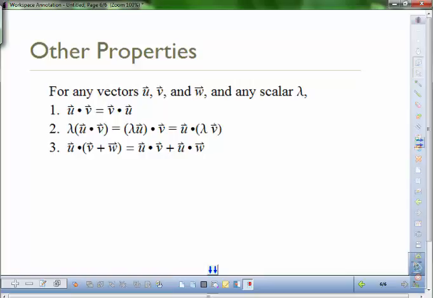You have a scalar times a dot of two vectors is equal to the scalar times one of the vectors dotted with the other, or the other vector scaled dotted with the first vector. Okay?